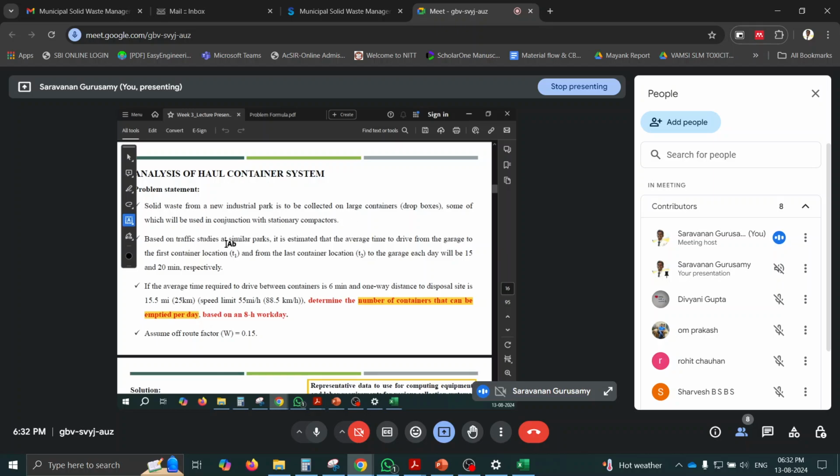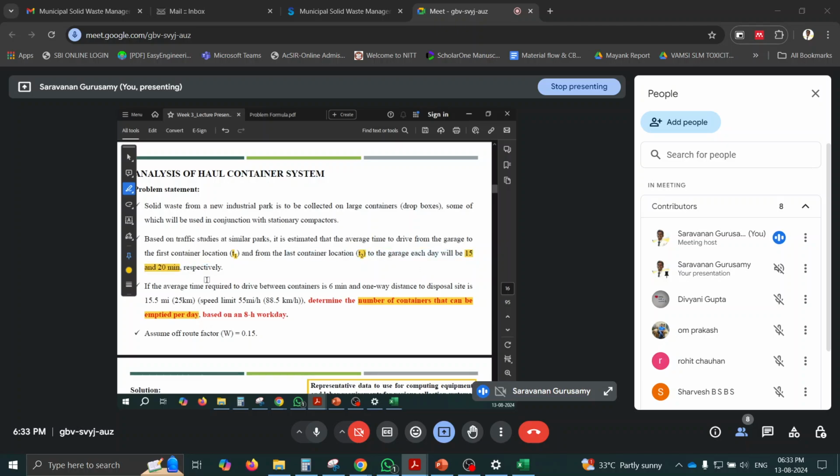Based on traffic studies at similar parks, it is estimated that the average time to drive from the garage to the first container location is T1, and from the last container location to the garage is T2. T1 and T2 they have given as 15 minutes and 20 minutes. T1 is 15 minutes and T2 is 20 minutes.